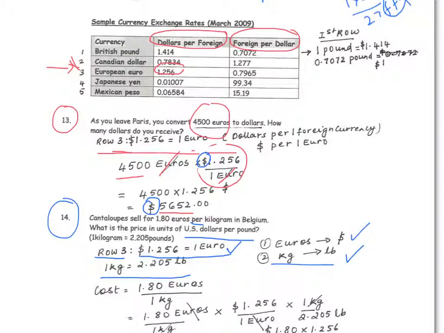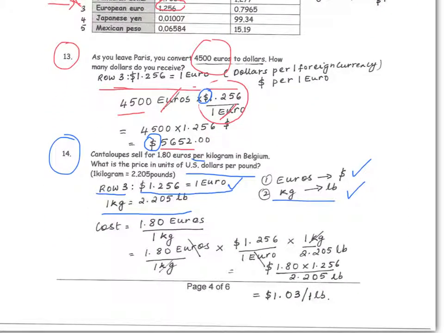So let's see what we have. The cost is 1.80 euros per kilogram, which means 1.80 euros divided by 1 kilogram. Now let's first convert the euros to dollars.